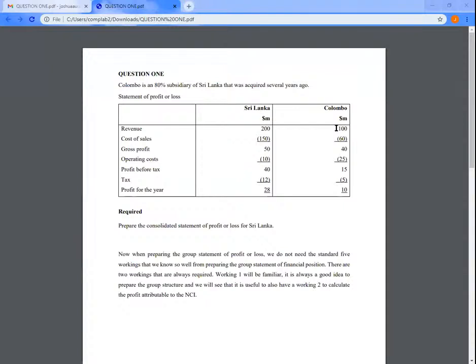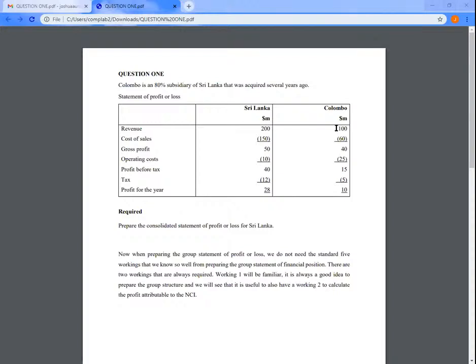Here I will not be doing any time apportionment. Why? Because we are told that Colombo was acquired several years ago, meaning that Colombo was our subsidiary for all the months of the reporting period.